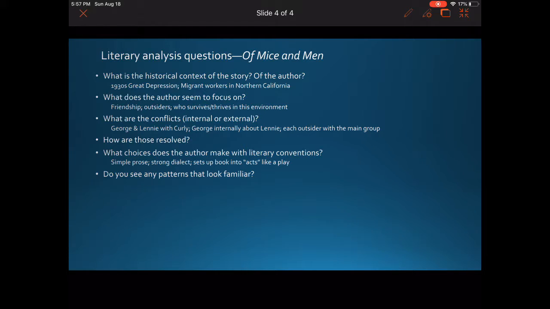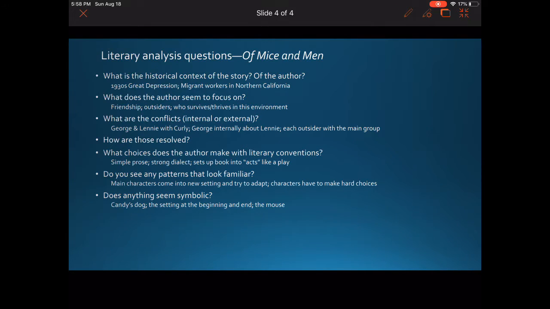Next one, do you see any patterns that look familiar? And the patterns that I see are, and you see these a lot in books, the main characters come into a new setting and try to adapt, sometimes with good, sometimes with bad consequences. Characters have to make hard choices in the midst of new circumstances. Does anything seem symbolic? There's a lot of symbolism here. Candy's dog that they eventually have to put down even though it's loved. The setting at the beginning and the end, and the clearing is kind of like the Garden of Eden.